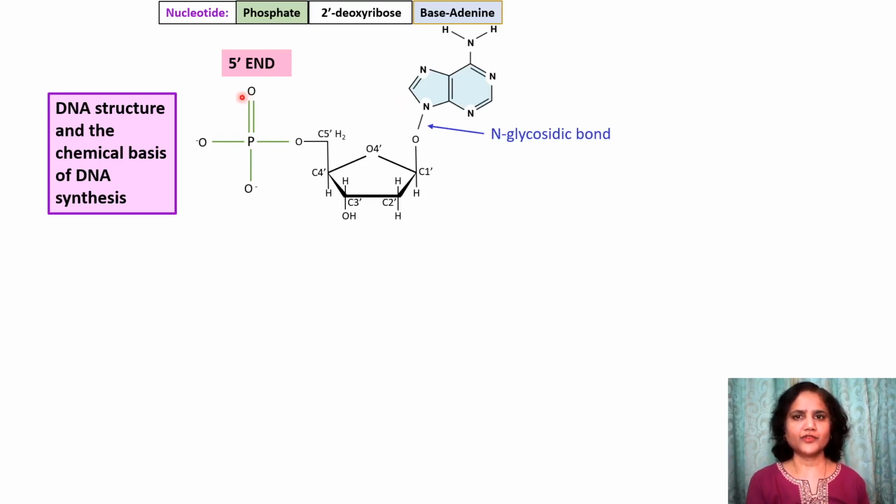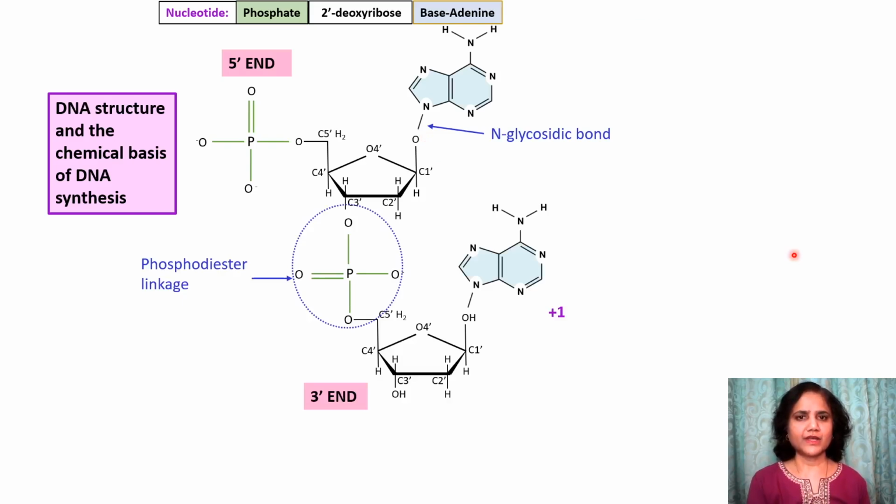It has a phosphate, a 2' deoxyribo sugar and the base adenine. The phosphate is attached at C5'. The base is attached via an N-glycosidic bond at the C1' of the sugar.